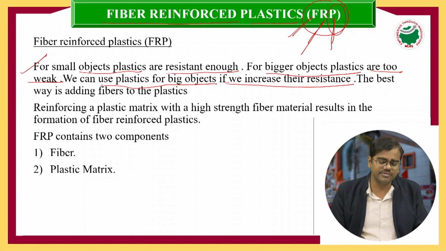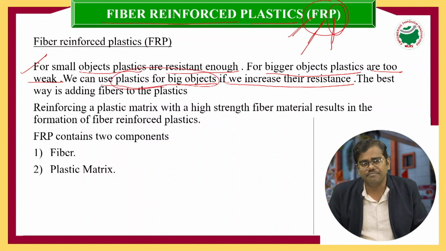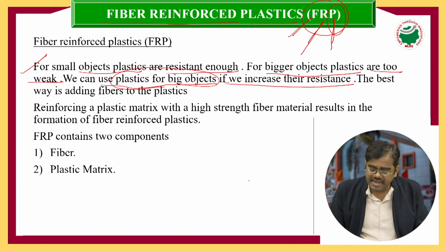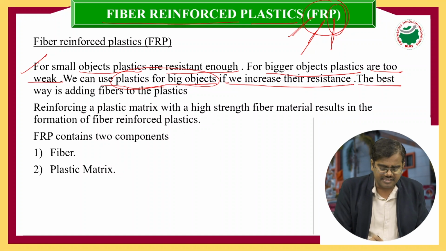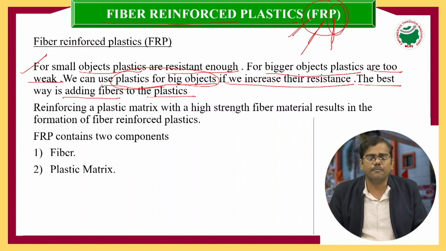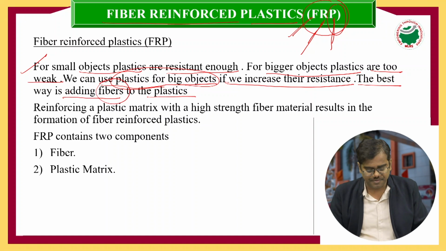If we want to use plastic materials for big objects, we definitely should increase the resistance of the plastic materials. But how can we increase it? We should add fibers to the plastic materials. The best way to increase the resistance of plastic materials is to add fibers.